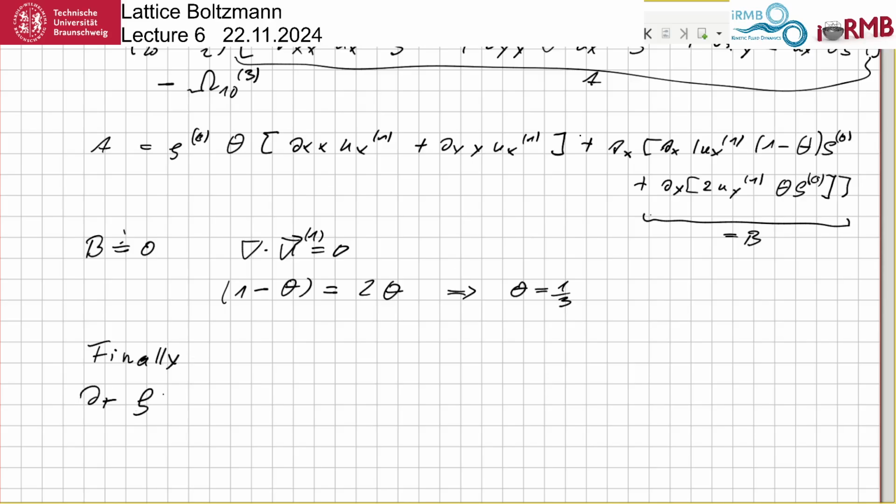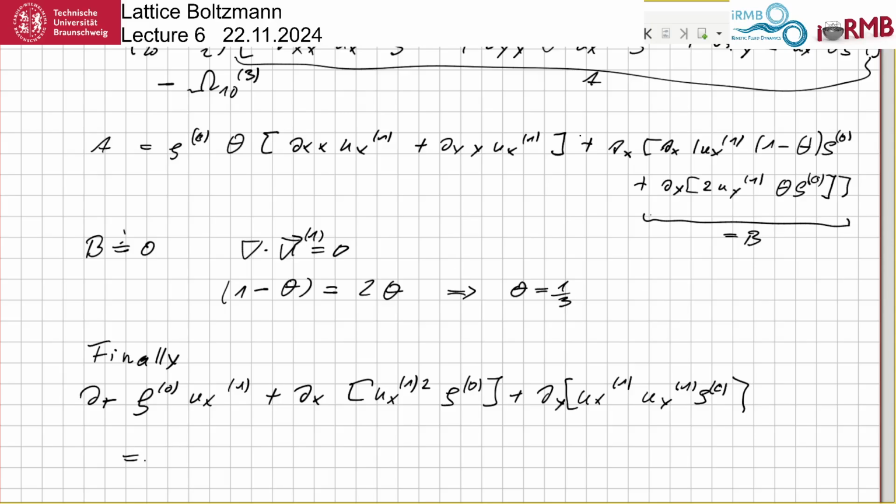dt rho 0 order ux first order plus dx ux first order squared rho 0 order, plus dy ux first order uy first order rho 0.